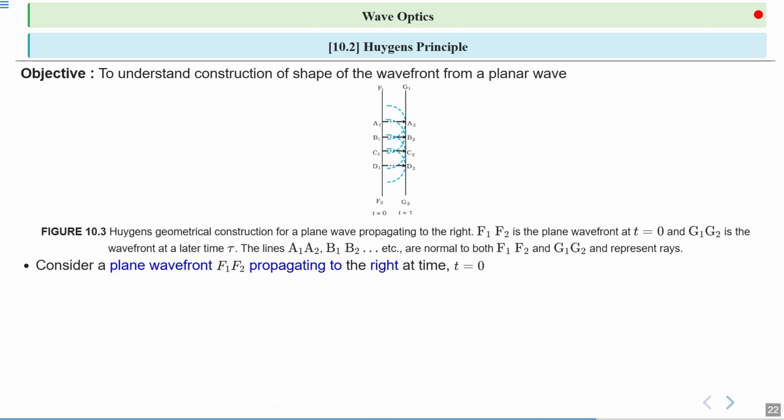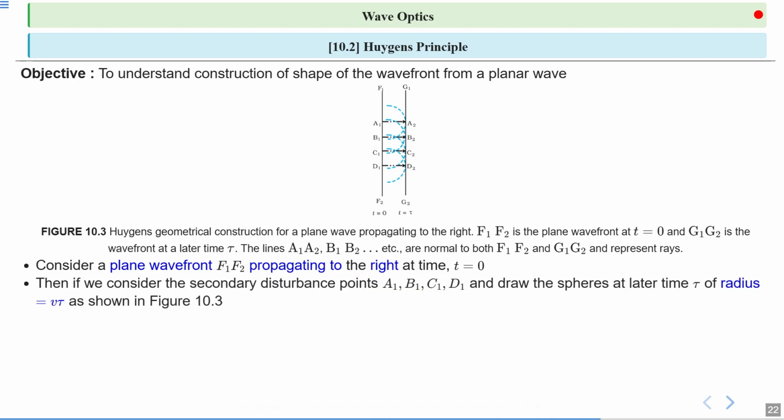So consider a plane wavefront F1, F2 which is moving to the right at time t equals 0. It's important to visualize this movement as it sets the stage for how the wavefront evolves over time. Next we introduce the secondary disturbance points such as A1, B1, C1 and D1 by drawing spheres with the radius equal to v tau from these points.